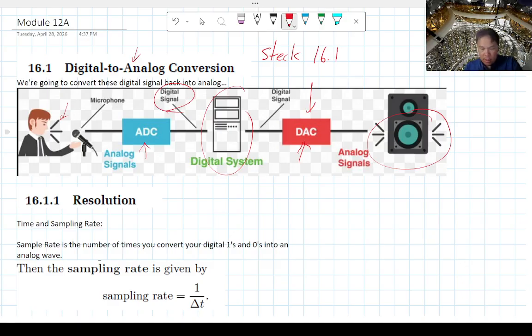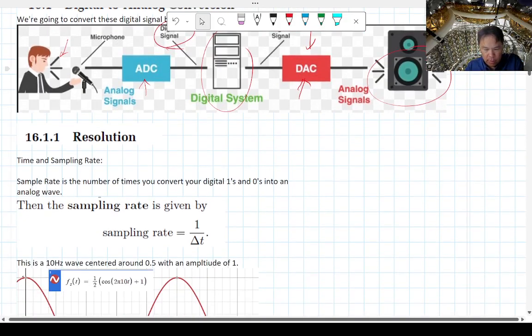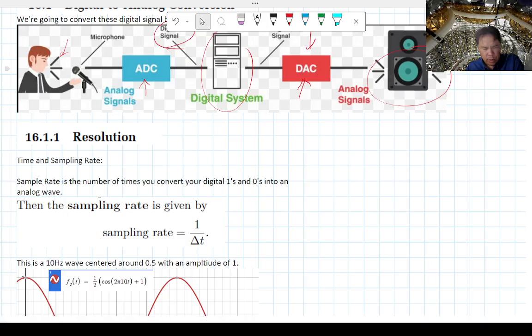So let's start off with just the basics of what we need to think about when we're doing both analog to digital conversion and digital to analog conversion. Actually, it's important for both. Okay, and this is the timing resolution.